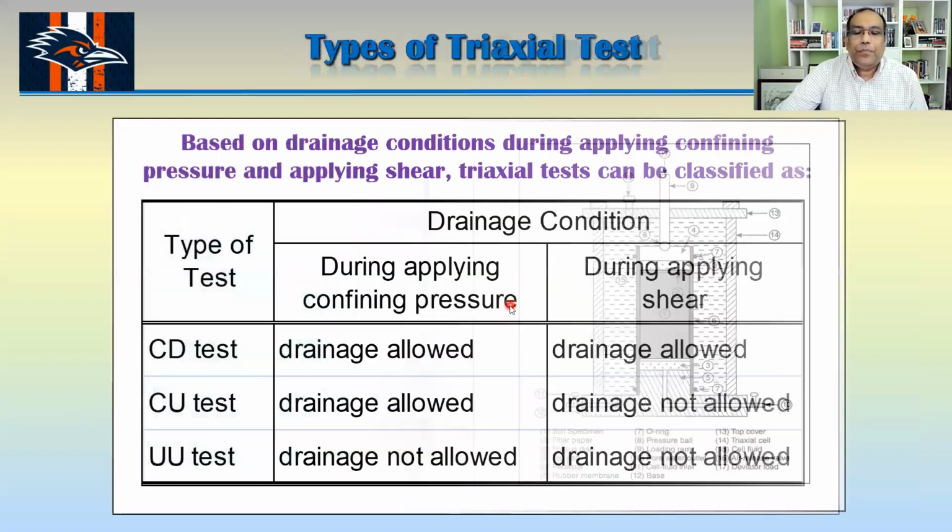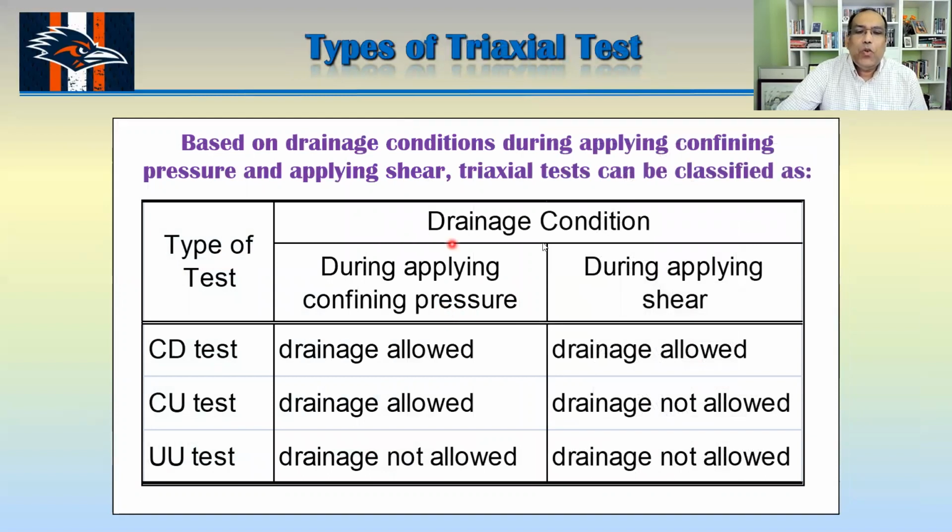Now we have three different triaxial tests based on the drainage condition during the two stages. What are the two stages? One is during applying the confining pressure, and the other is during applying the shear.